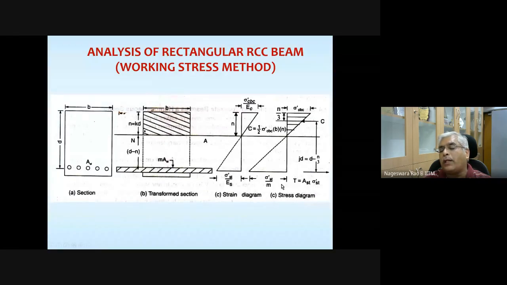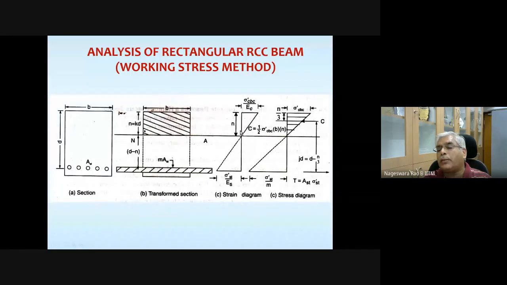That's going to give you AST multiplied by sigma prime ST. And please note that the steel is on the tension side, so T is used. So total tensile force is AST multiplied by sigma prime ST. And what about total compressive force?